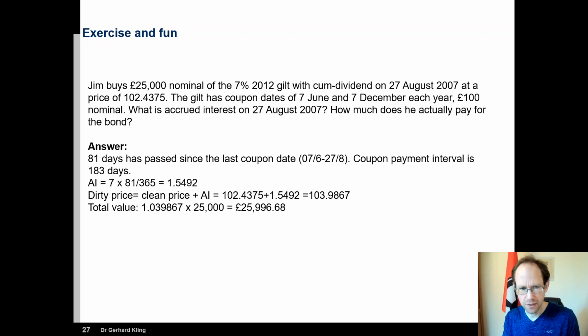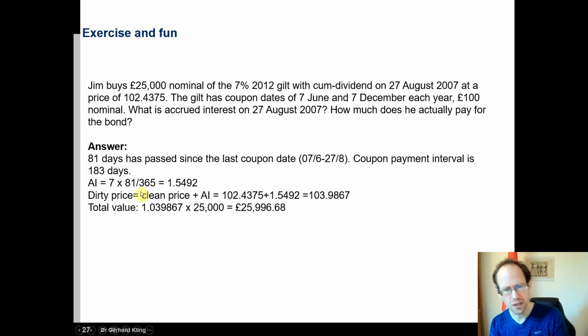Now in this period interest has accrued and this has to be calculated. And it's done by simply taking the coupon payment, which in our case is 7. We have a nominal here of 100, so I can take the 7% and divide this by 365.